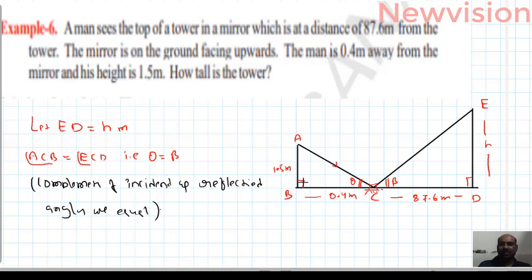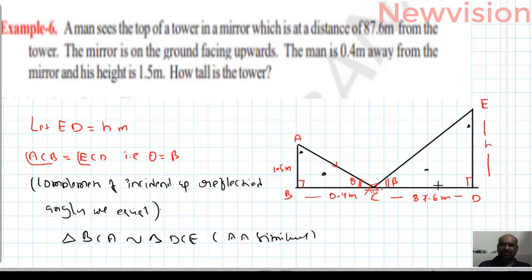So what happened: with 90, theta and beta, these two triangles are similar by AA similarity. I will write the triangles, order is important. I will start with triangle BCA, which is similar to triangle DCE. BCA means 90, theta; here D is 90 and beta, DCE. Automatically these two are equal, these two are also equal.